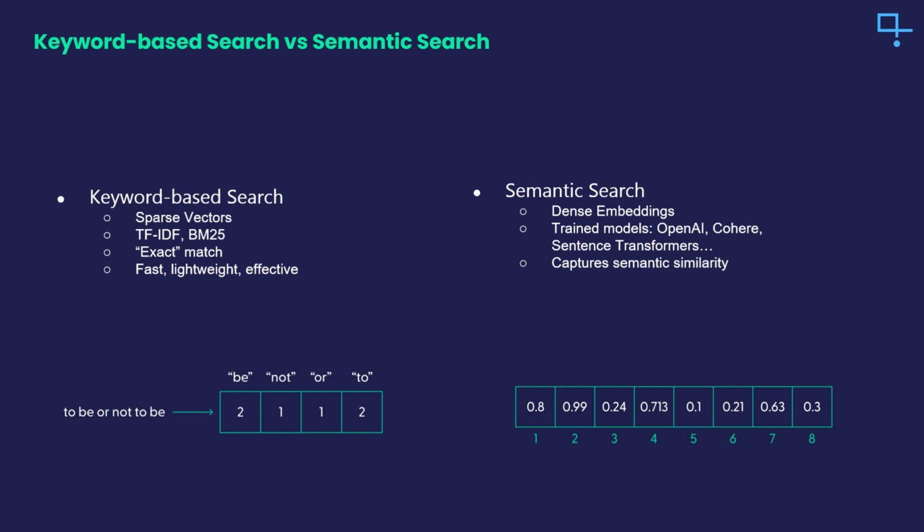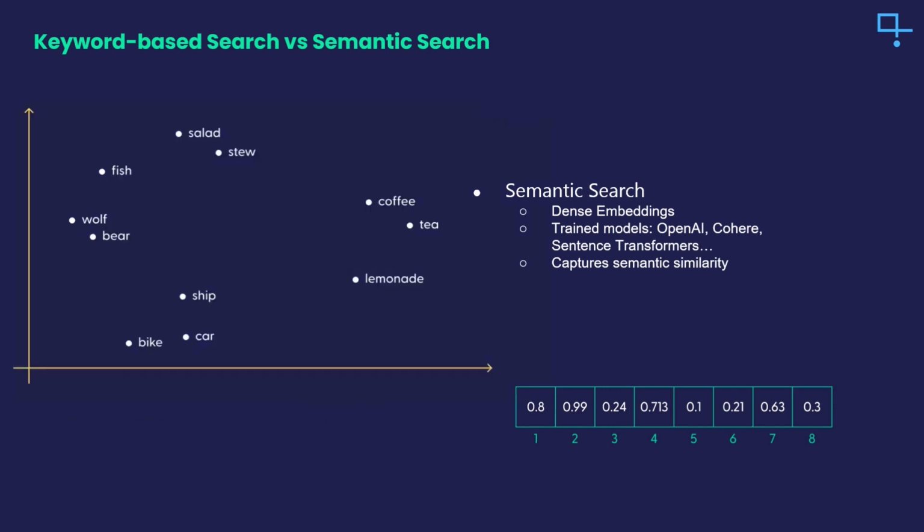But at the end of the day, it's close to being an exact match. Whereas semantic search approaches things very differently. We get a sentence, a word, a paragraph, whatever that might be, and we vectorize them. And then we actually compare these vectors to each other, which results in a sort of vector space like this, where I could potentially compare the words coffee and tea and say, okay, they're close to each other in the vector space, whereas ship is maybe far away.